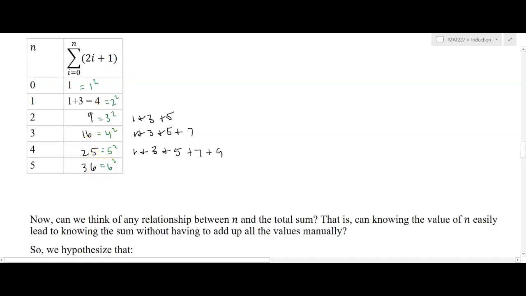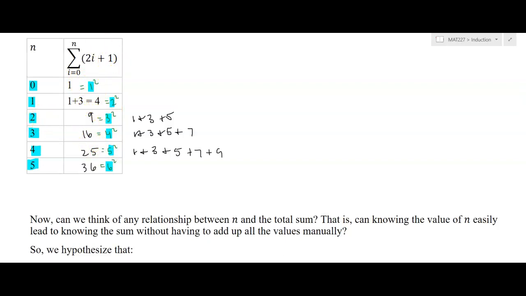And in terms of how that relates to n, observe that this value right here is actually 1 unit bigger than that right there. And 2 is 1 unit bigger than 1, and 3 is 1 unit bigger than 2, and so on. We can see that there's a connection between the perfect square and the value of n.